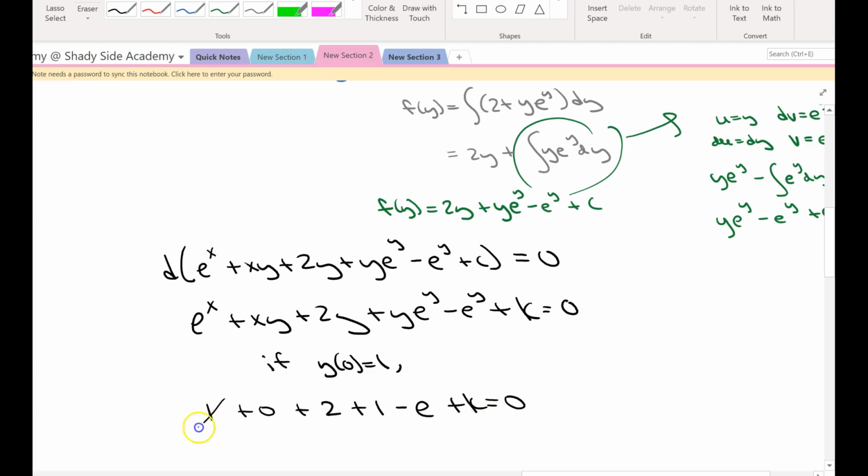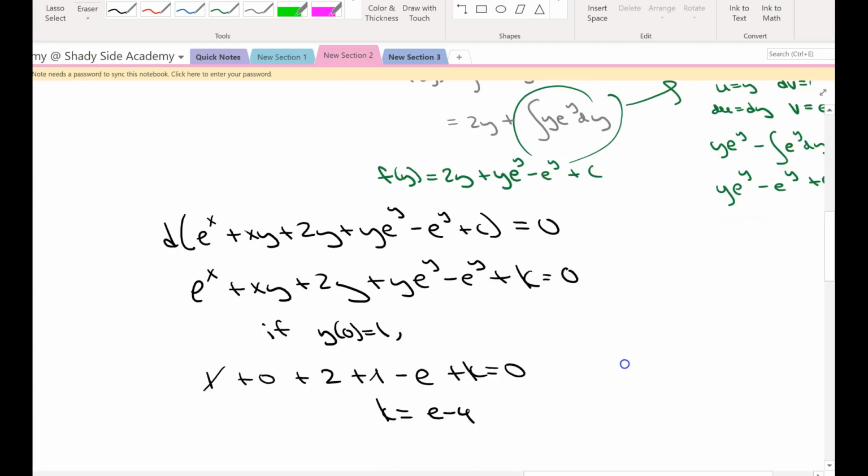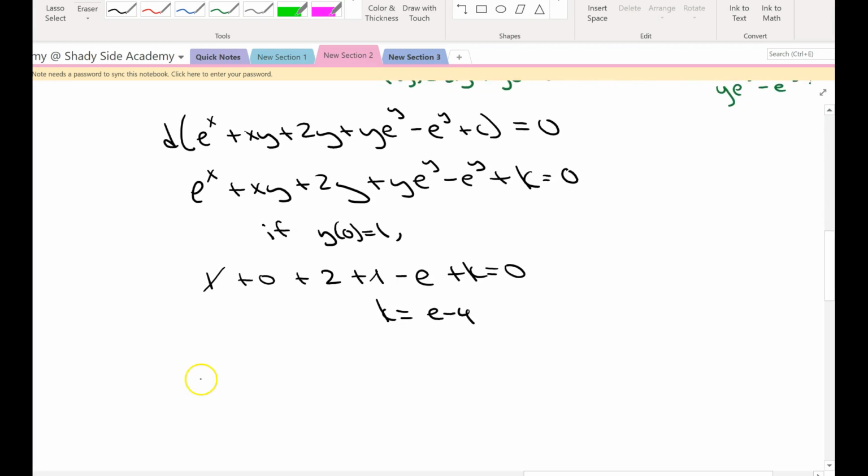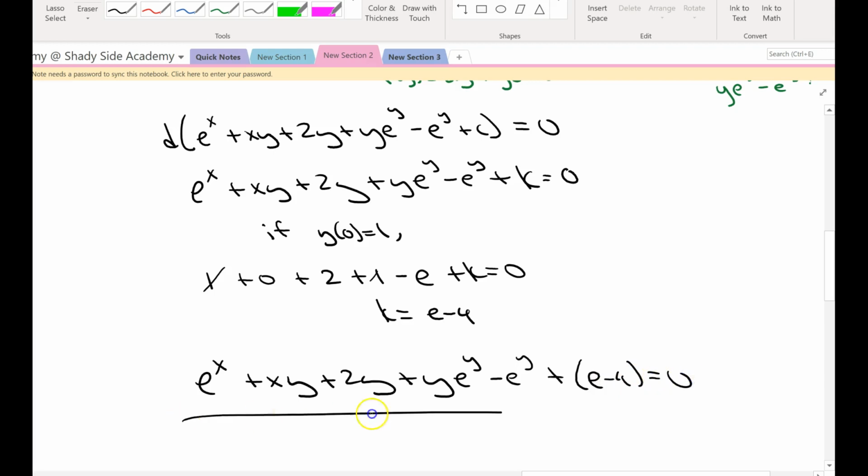Let's see. 2, 4, k equals e minus 4. Oh my goodness. So at the end of the day, here is my solution to this Diffie Q. Plus, the constant is e minus 4. Boom. There it is. Okay.